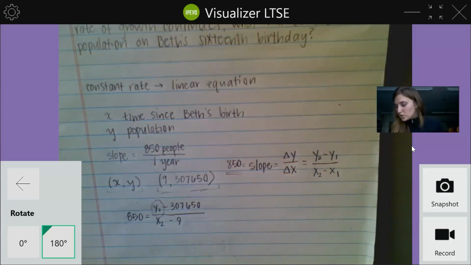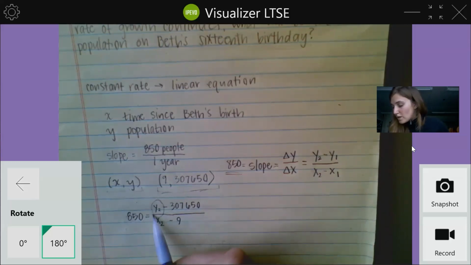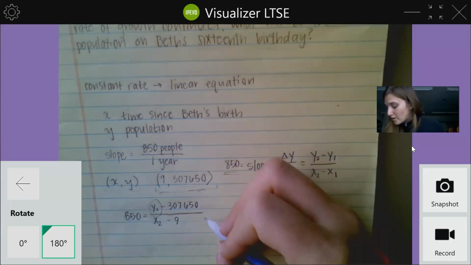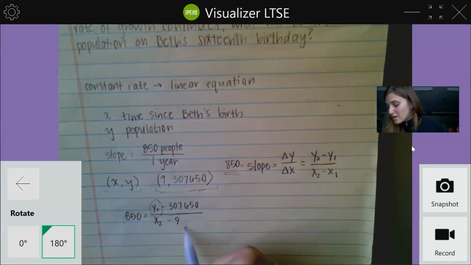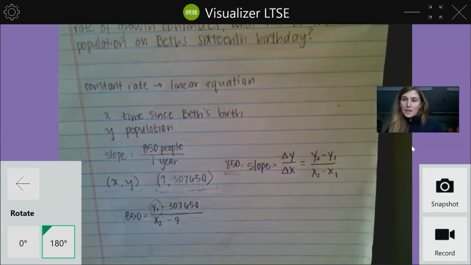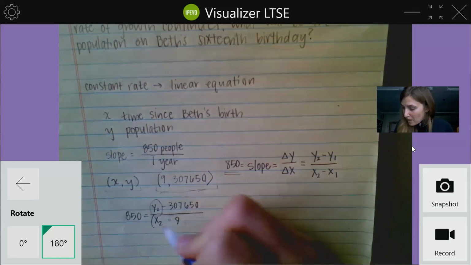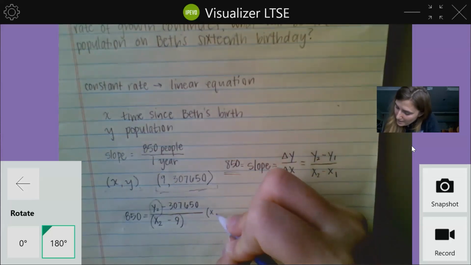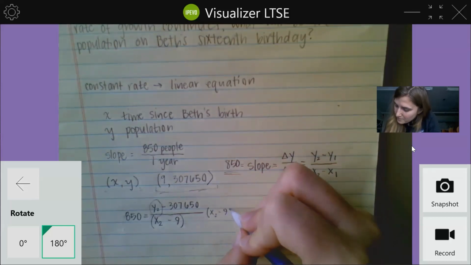So first thing we need to do is undo this division. That's going to require us to multiply by the number down here in the denominator. And in this case, it's not just a number, it's an expression. So I'm going to multiply by x2 minus 9.